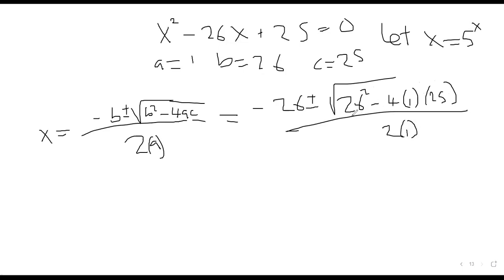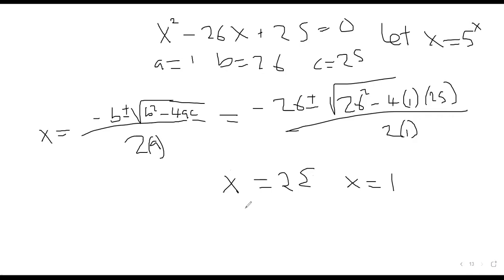So what is 26 squared? 676. Then what is 4 times 25? 100. Correct. So in short, the value of x here will be 25, and the value of x will be 1.